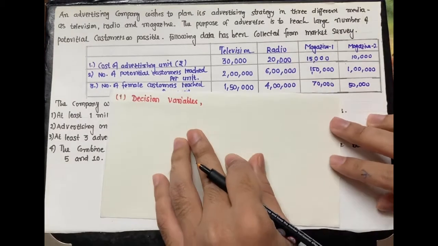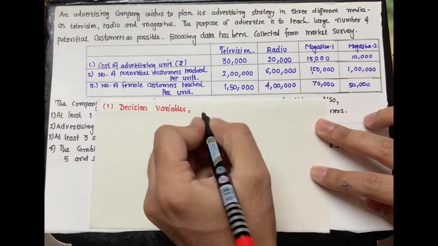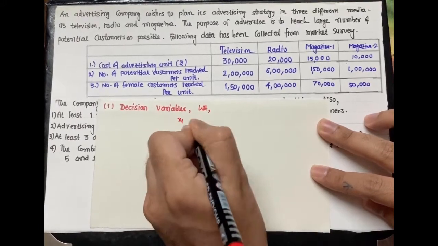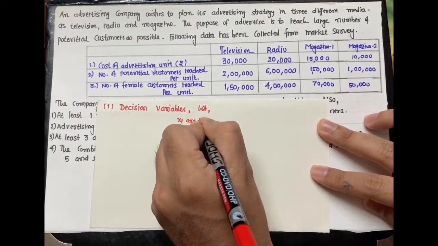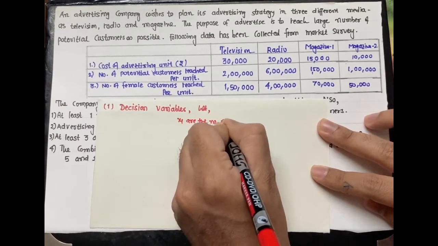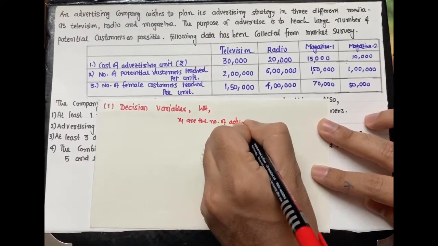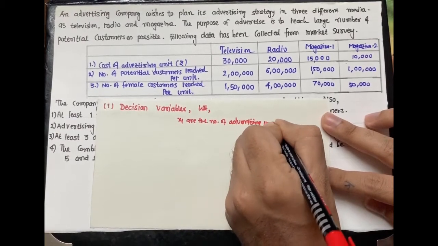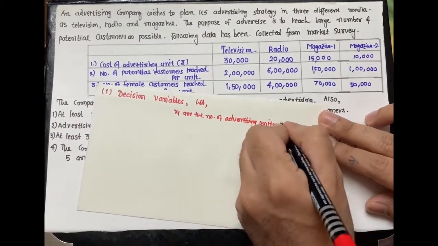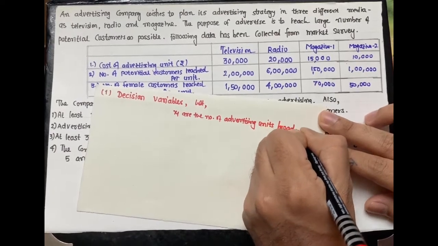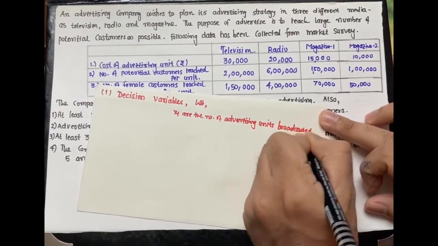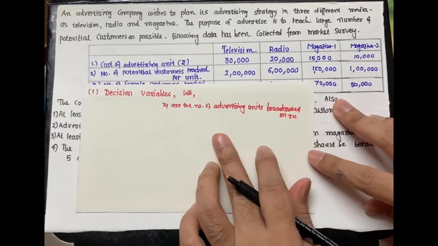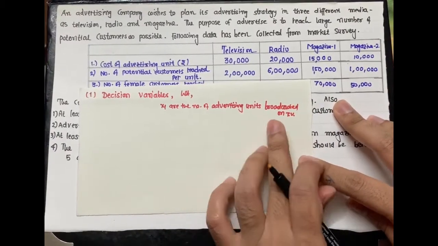So decision variable, here I am writing that let x1 are the number of advertising units broadcasted on television. x1 are the number of advertising units broadcasted on TV.